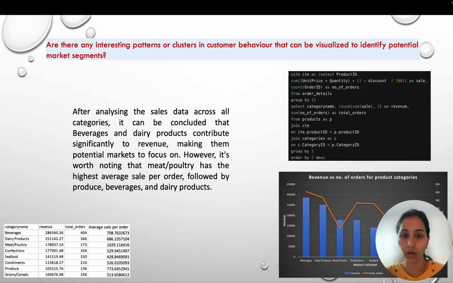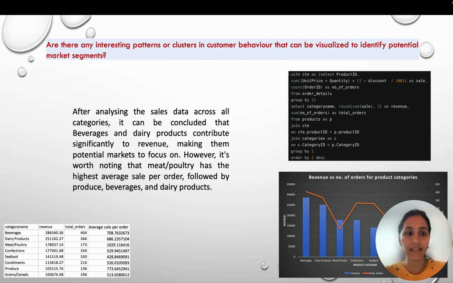a combo chart of revenue, product category and total orders. Revenue and product category are on the y axis, and the revenue and total orders are on the y axis, with product category on the x axis.